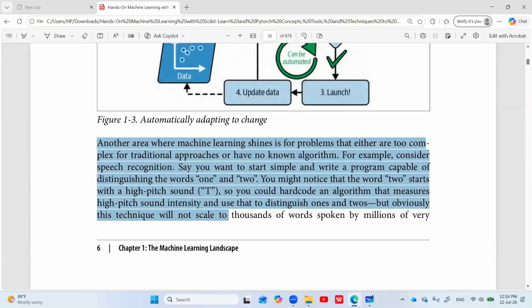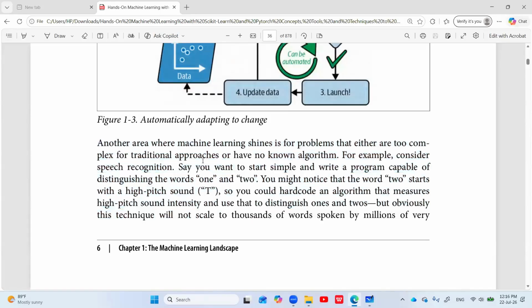Okay, that is like the spam filter. Another area where machine learning shines is for problems that either are too complex for traditional approaches or have no known algorithm. If there is no known algorithm for certain tasks, for example, consider speech recognition.